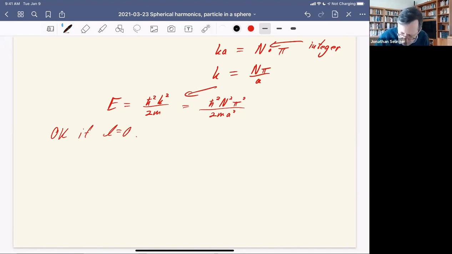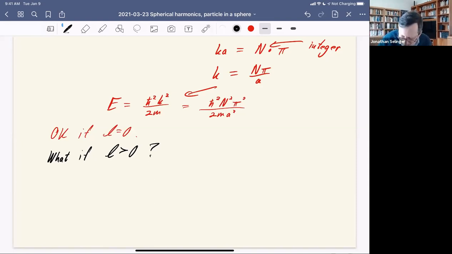Okay, so what if L is greater than 0? Oh man, this is where we have to get into more special functions. And these are not super interesting special functions, but I'll just tell you the answer, okay?